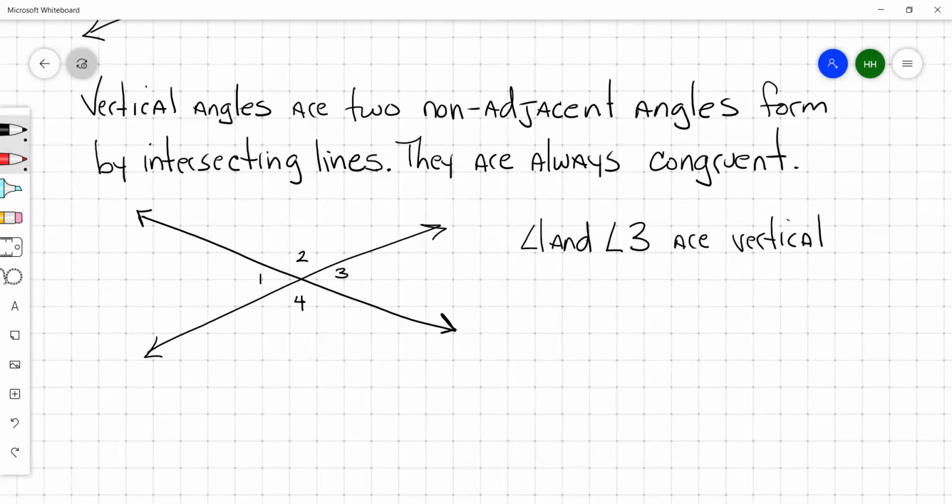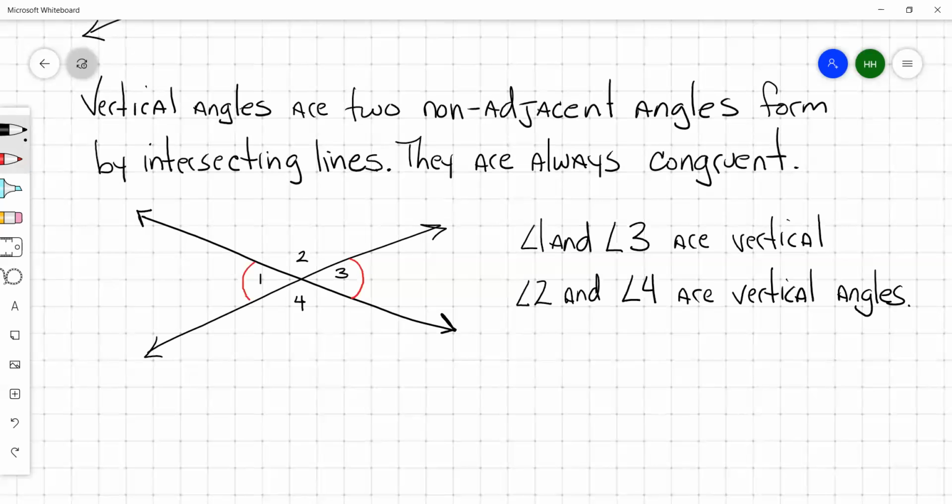They are congruent to each other. The measure of this angle is going to be the same as the measure of this angle. Angle 2 and angle 4 are also vertical. So the measure of angle 2 here, with 2 arc marks, would be the same as the measure of angle 4 right there.